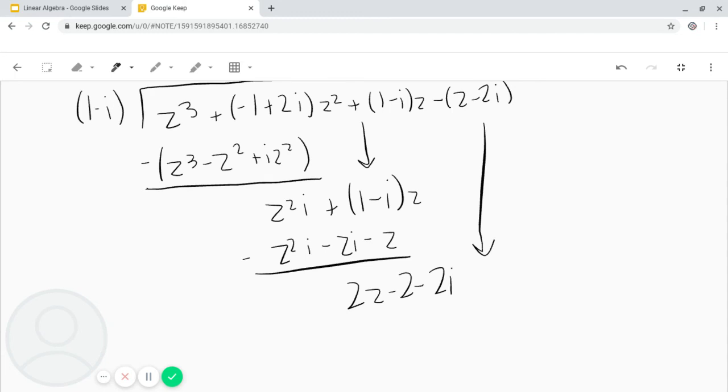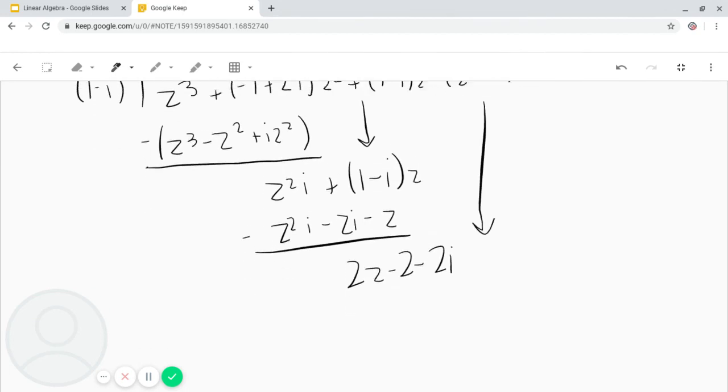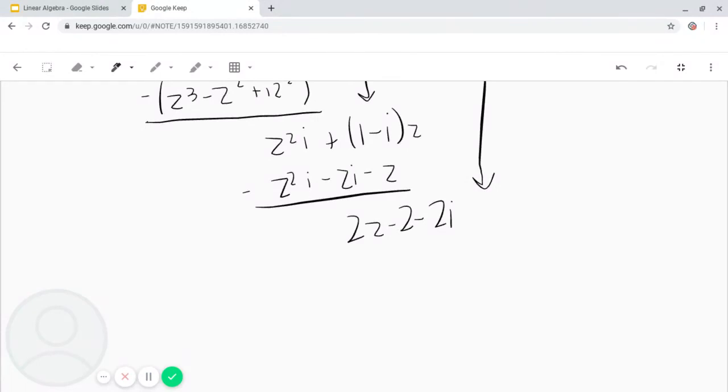And then to get rid of that, we'll multiply by 2, which will give us 2z minus 2 plus 2i. Subtract that and it is equal to 0.